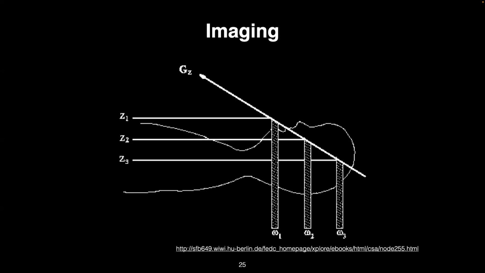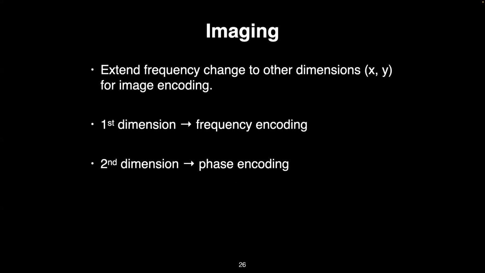In this first case, we're doing slice selection, which is a form of 2D encoding. But if we expand this kind of encoding using our gradients, you can do it in even 3 dimensions. It's a bit more complex, but the math is essentially equivalent between the 3 dimensions for encoding.